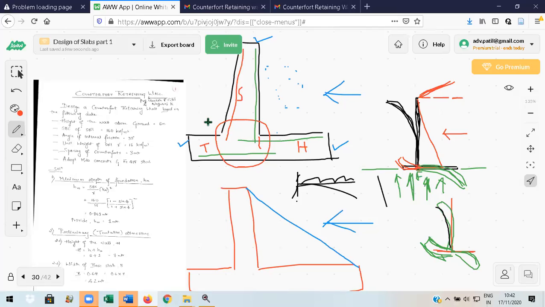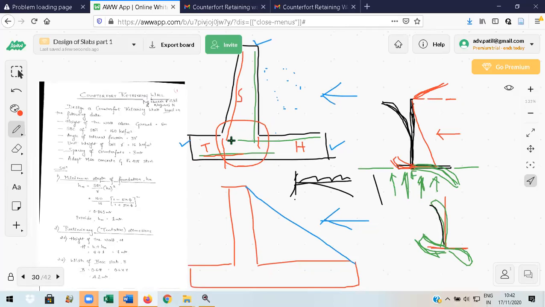All these bars should overlap. See here, this toe also: theoretically it is the end point, but the green bar has crossed the toe and entered the stem. So all these bars should overlap at this junction: main steel from the stem, main steel from the heel, main steel from the toe. They should overlap, then only is fixed action possible.